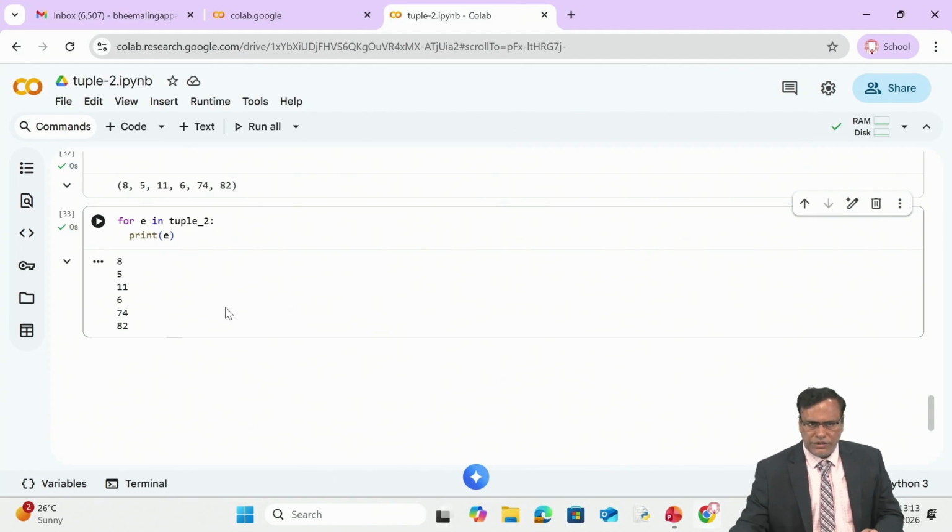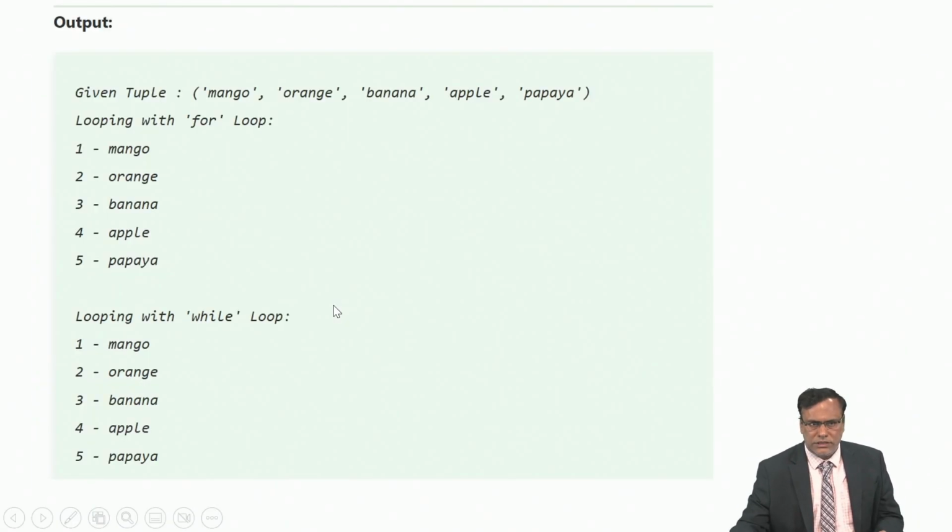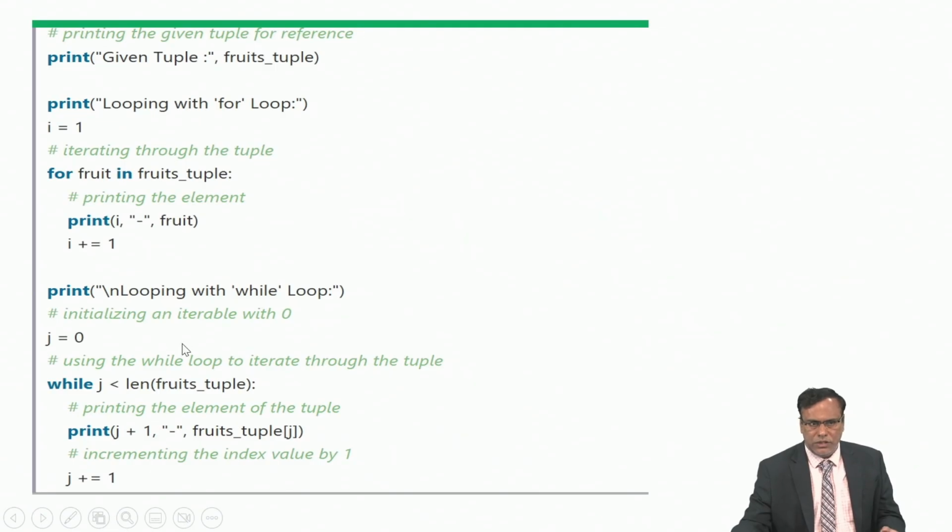In the same fashion, using the while loop also you can do it. So this is the syntax. First you need an index value, knowing that it follows order and 0 based indexing. So you need to know the length of this tuple. Initially I have taken the index value 0 in the variable j.